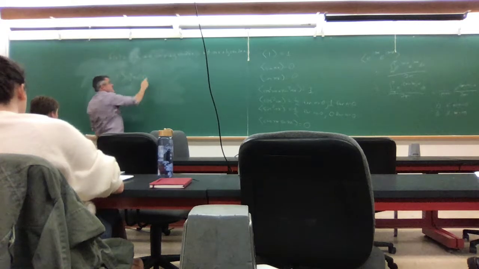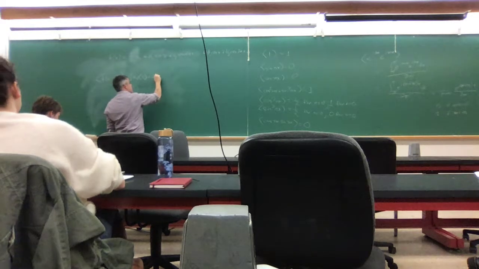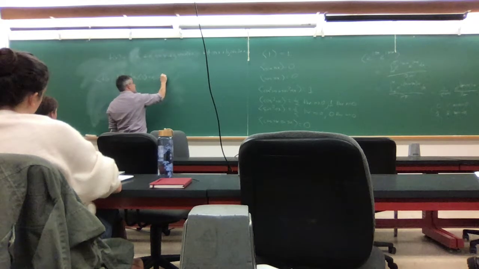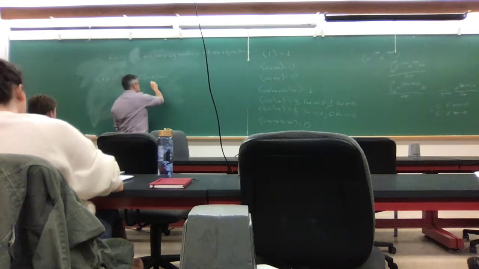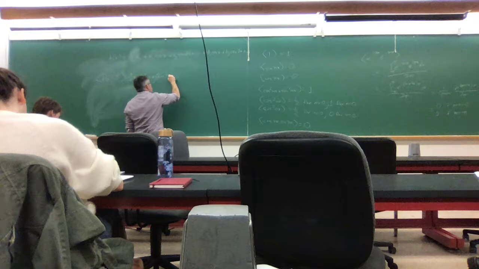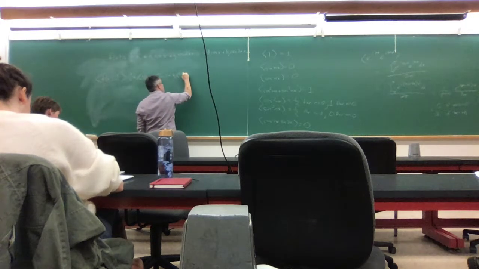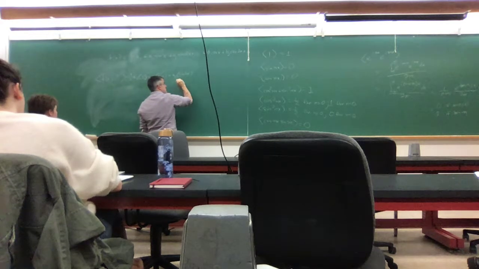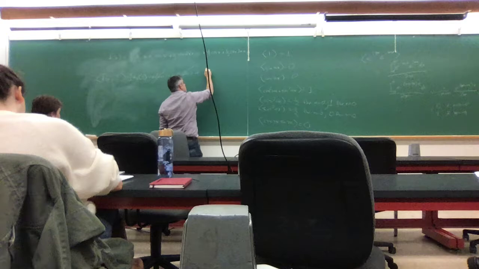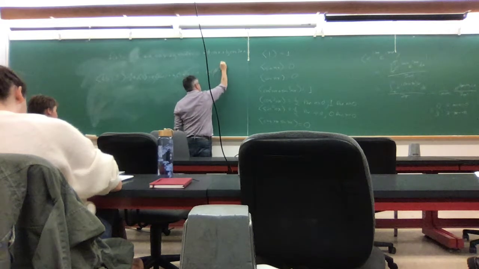What's this one times 1? It's going to be a1 times the average of sine. What's the average of sine? 0. This one times the average of sine 2x. What's the average of sine 2x? 0. This one times the average of cosine. 0.